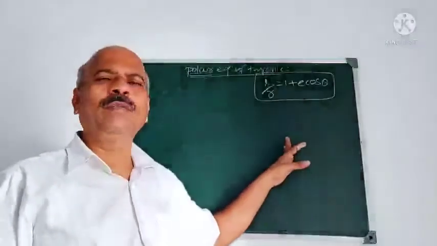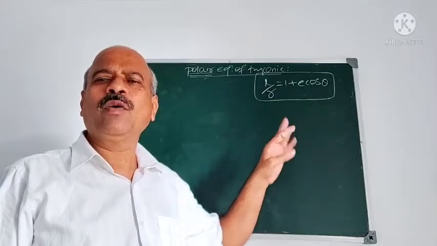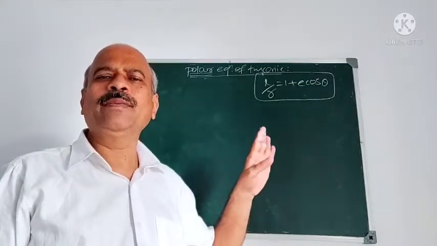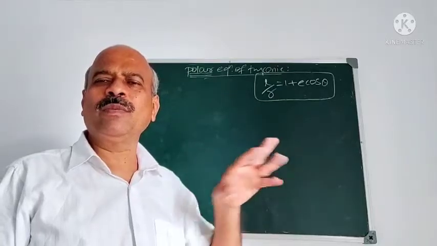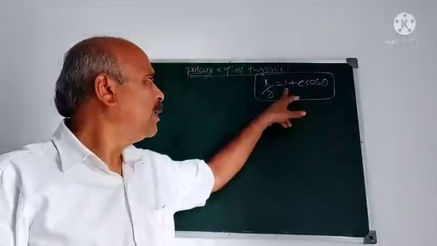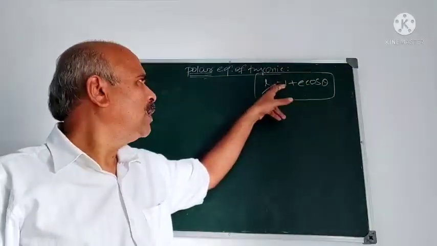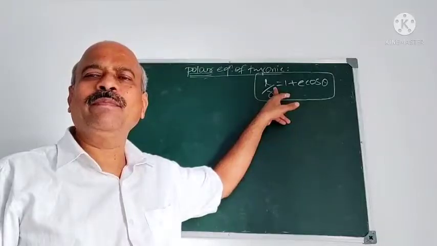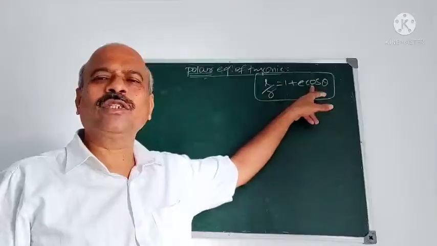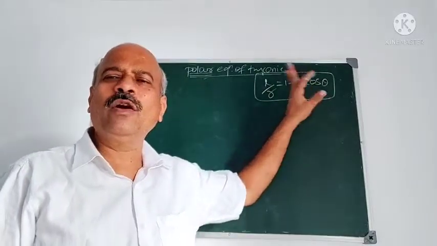In Cartesian form, for ellipse, parabola, hyperbola, we have different equations. Ellipse equation is x square by a square plus y square by b square is 1. For parabola, y square is 4ax. But in polar form, for all the conic sections, the equation is the same. L by R is 1 plus E cos theta.